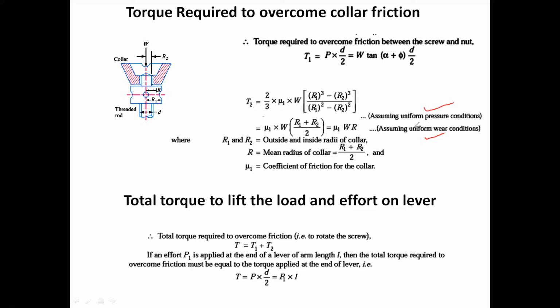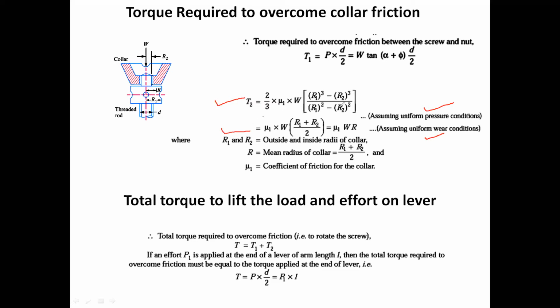Under the uniform pressure condition, this is the equation. Now again, you might have a question: where does this equation come from? We have already studied this equation in our theory of machines, maybe in your collar bearing chapter. If there is a collar bearing, then in clutches also we can have this equation.